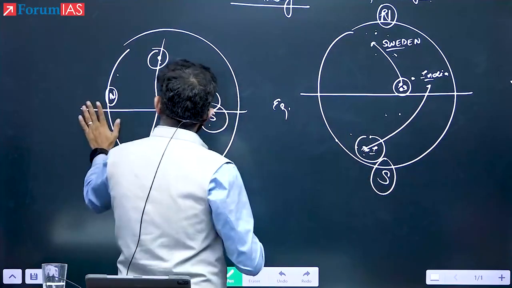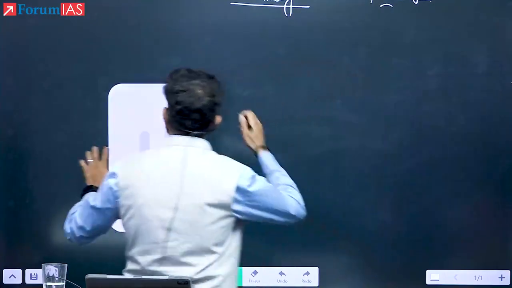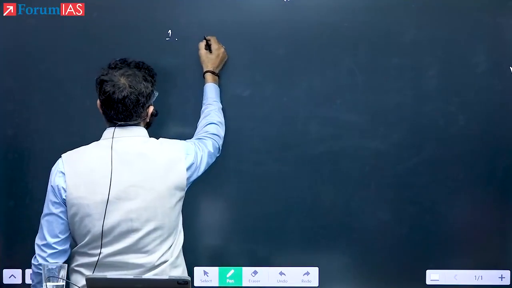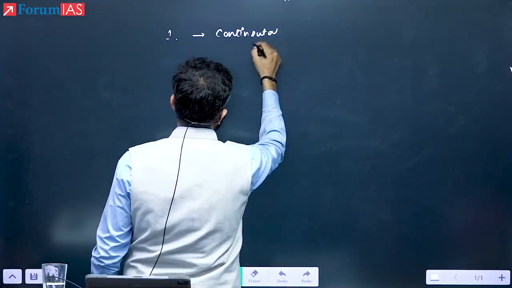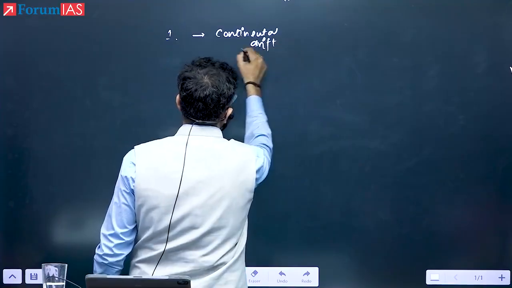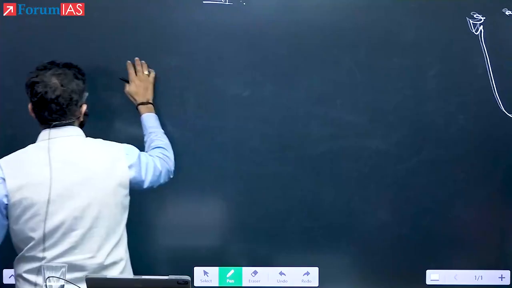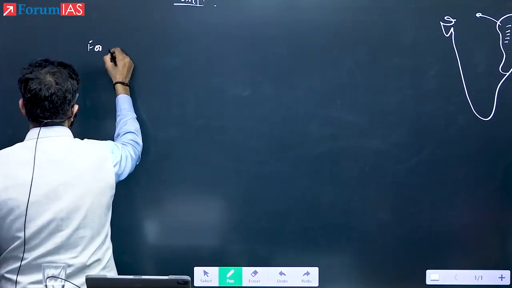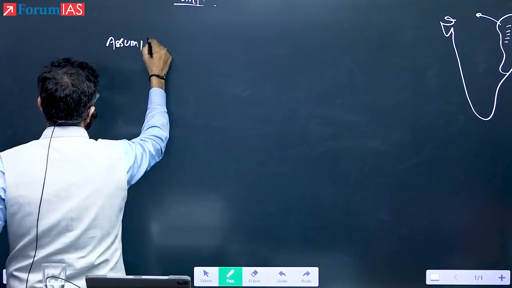Okay, so with these two possibilities, see here how his theory is given. Out of the two possibilities, he is assuming continental drift. Now, for this drifting to occur, some forces are required. And what forces did he give? So first, before giving his theory, he made some assumptions.